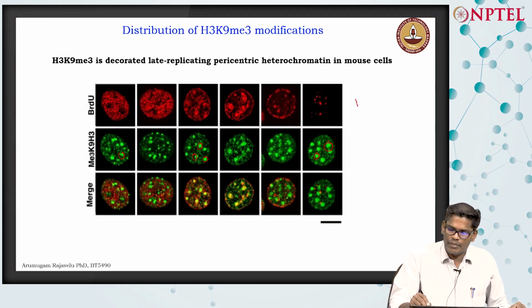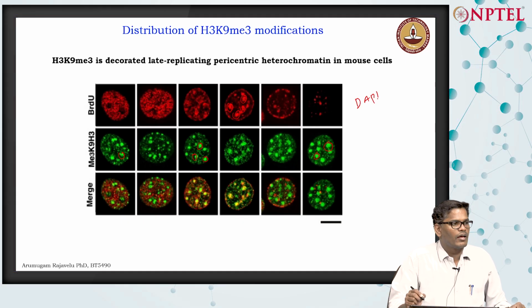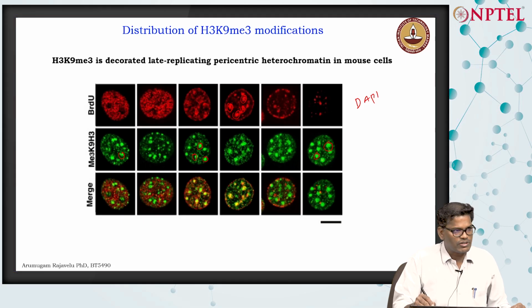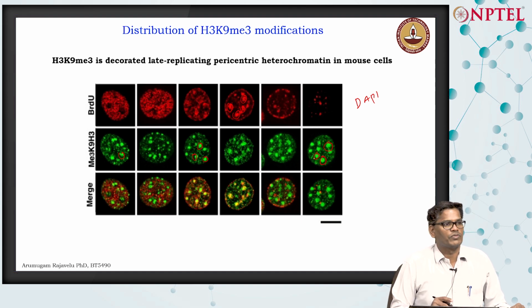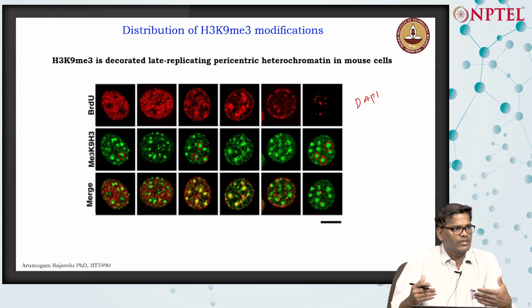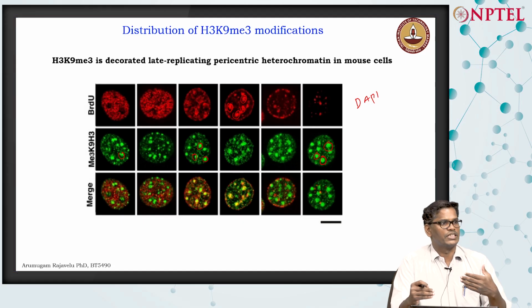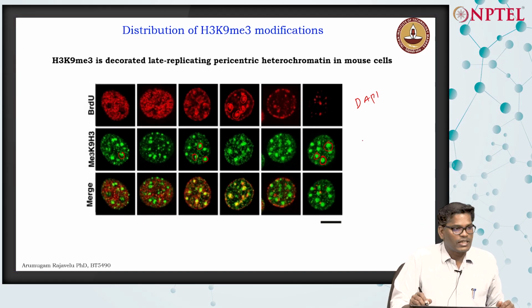Now you can use it with DAPI also. DAPI stains DNA intensely, and the intense regions within the nucleus also get an intense blue color, which matches with this K9 trimethylation. It tells us that this has the function of gene repression, or it distributes only to the repressive genes. So that's very clear, right?